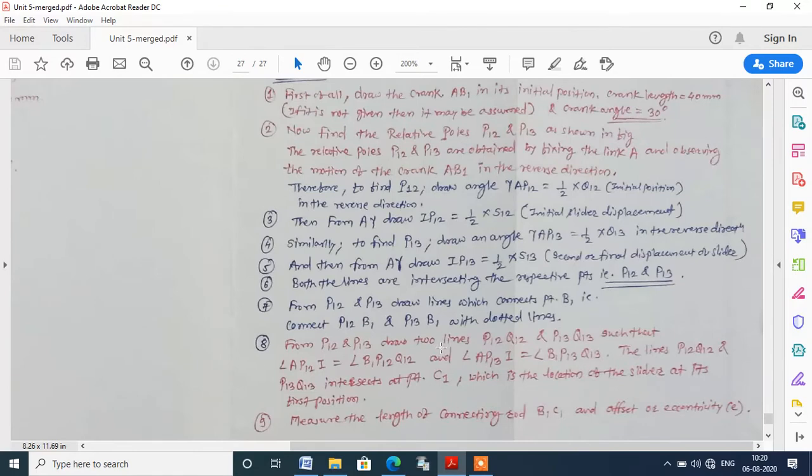Next, find the relative poles P12 and P13 as shown in the figure. The relative poles P12 and P13 are obtained by fixing the link A and observing the motion of crank AB1 in the reverse direction.